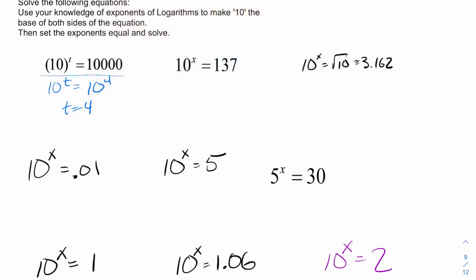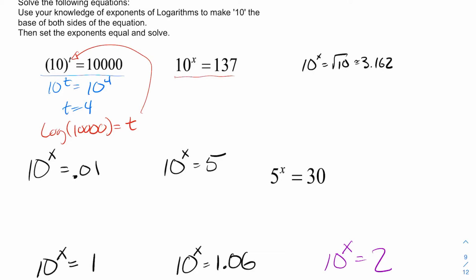But the logarithm way to solve that is to think about the logarithm of 10,000 as the power in the exponent here. If you take the logarithm of 10,000 on your calculator, you're going to get the exponent that you need.